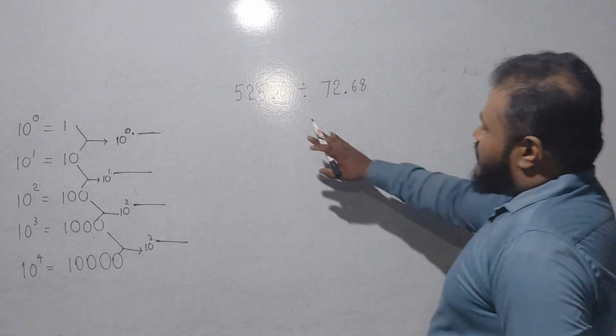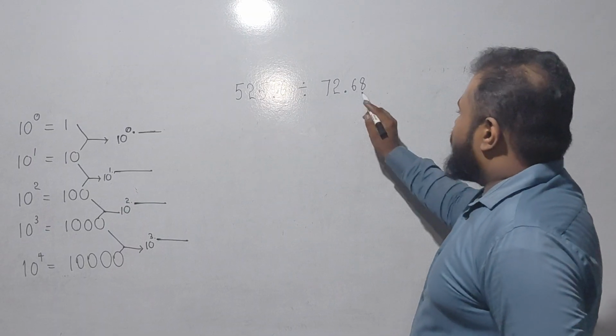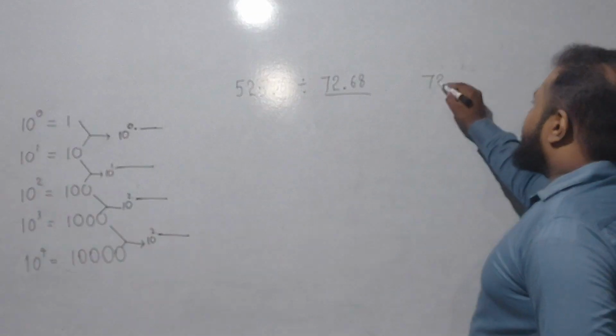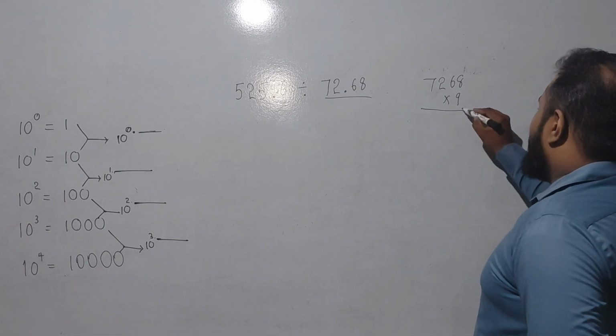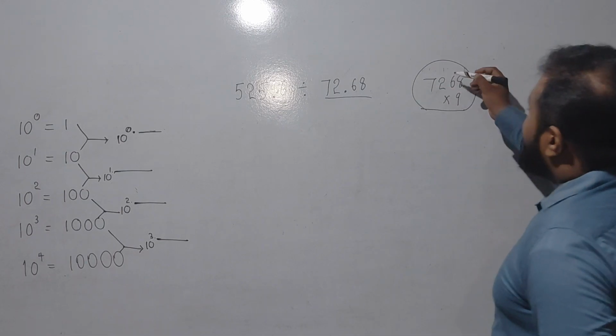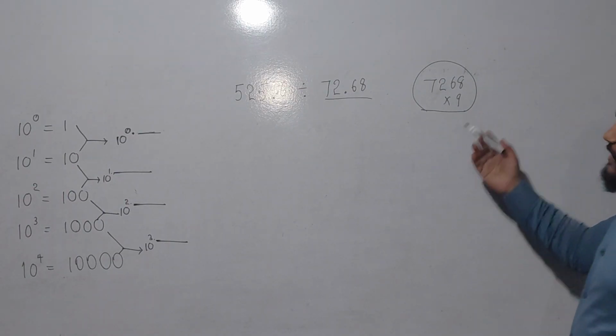When you are given this question, if you are trying to do this using long division, you must know 7268 times 9. Is it an easy task?